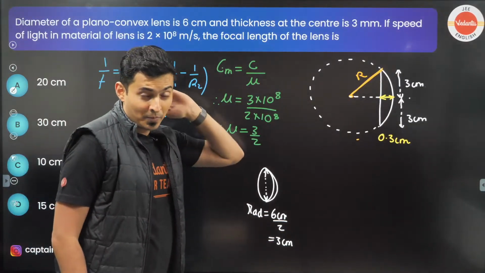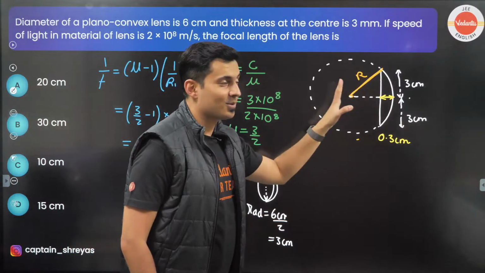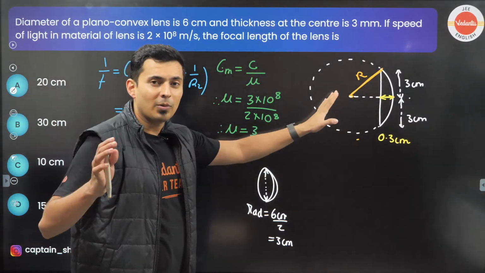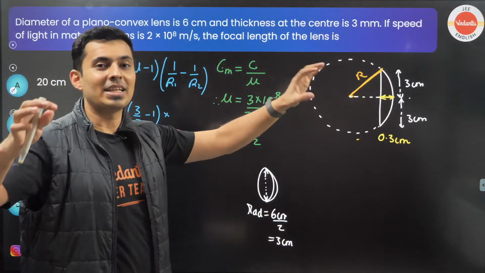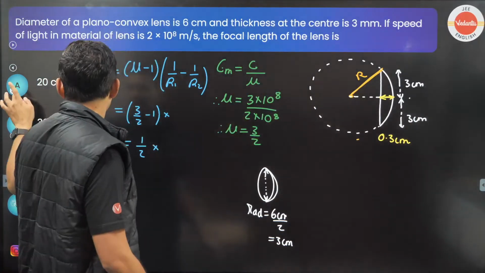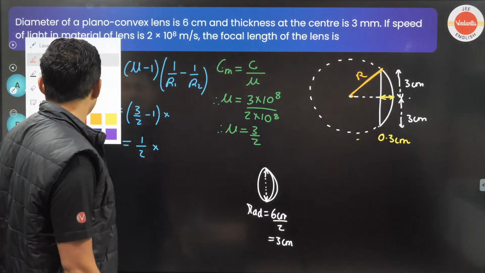Now, what do I do for getting the radius? I will not use Pythagoras and approximations. That will create unnecessary problems. Instead, I will use a theorem. And you know what that theorem is? The theorem is simple, guys.